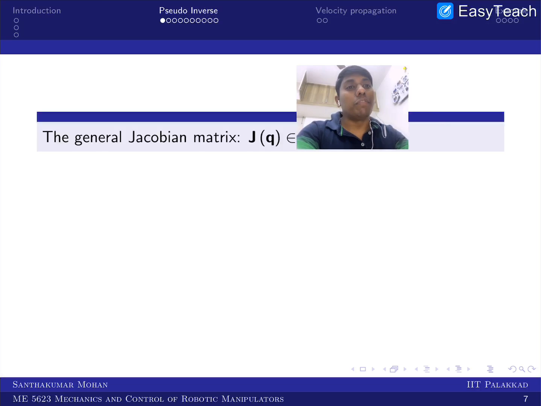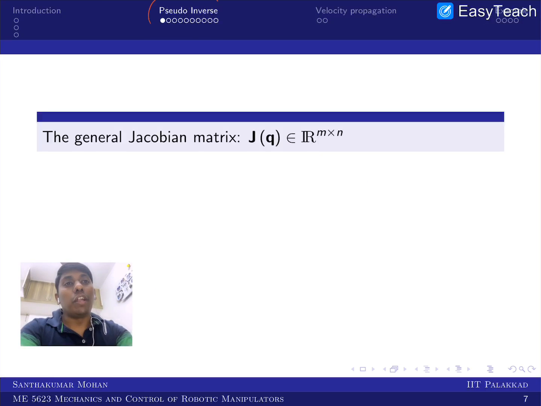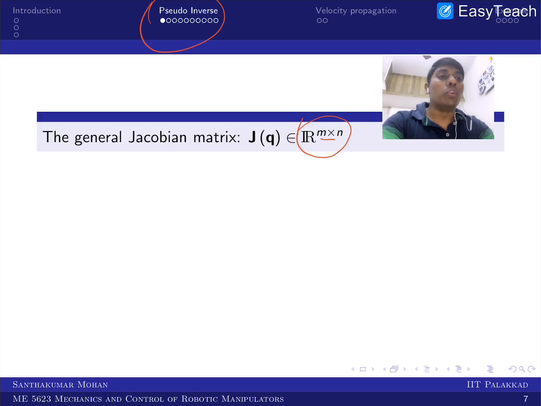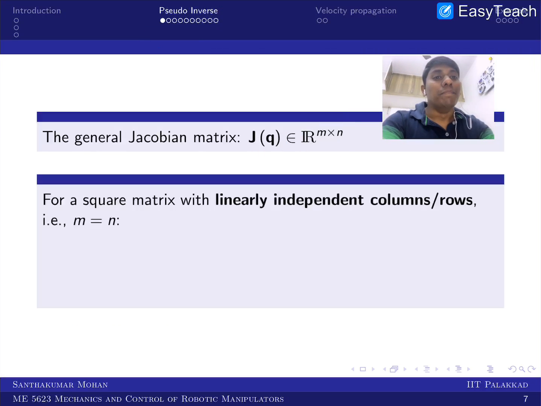So what we are trying to find out is what the pseudo inverse is in general. For that I take J of q as a general real matrix, m cross n. If m equals n, it is a square matrix. Further, it consists of linearly independent columns or rows, so the rank is full, of size m or n.